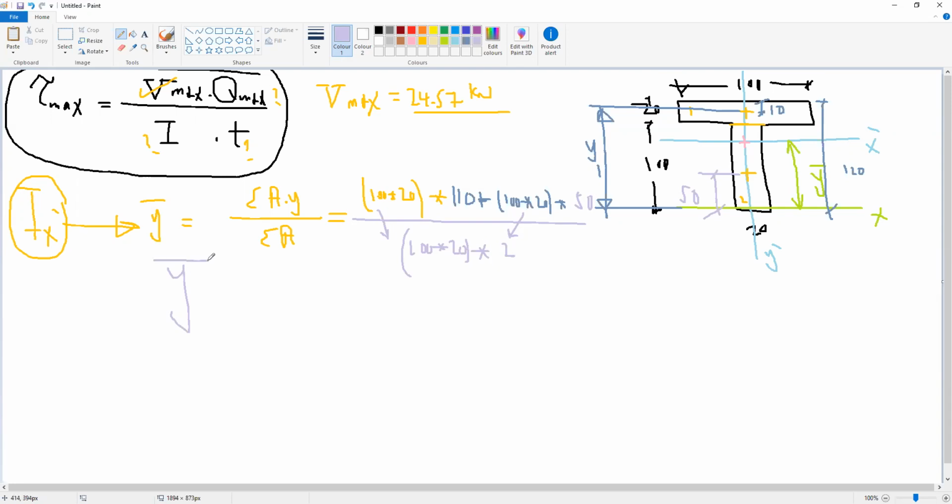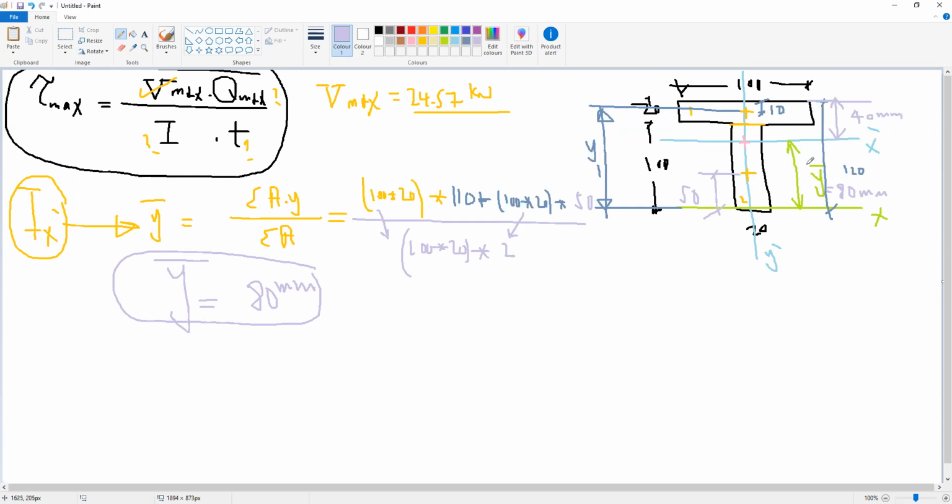So y bar will be 80 millimeter. This is y bar, 80 millimeter from the bottom. And if you do this calculation from the top, it will be 40 millimeter.